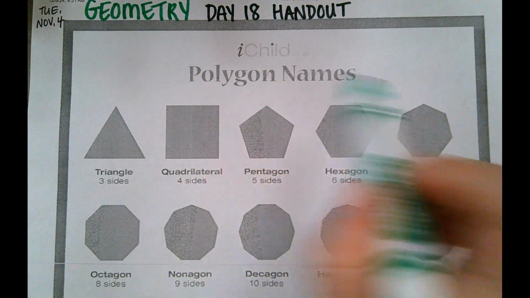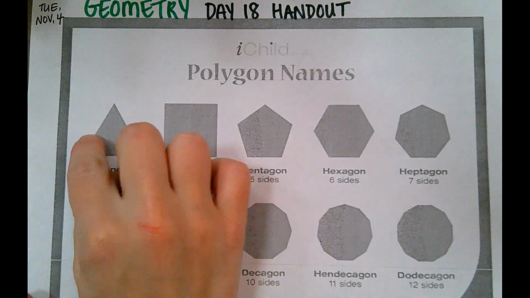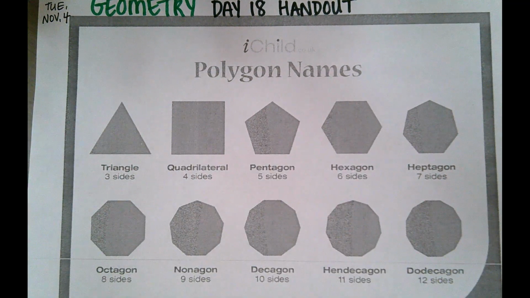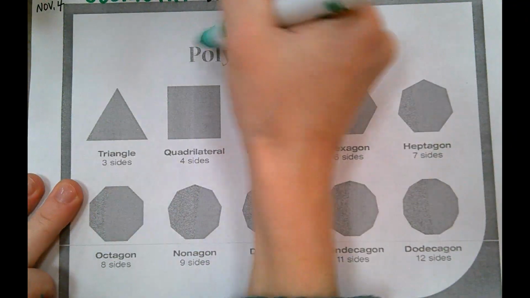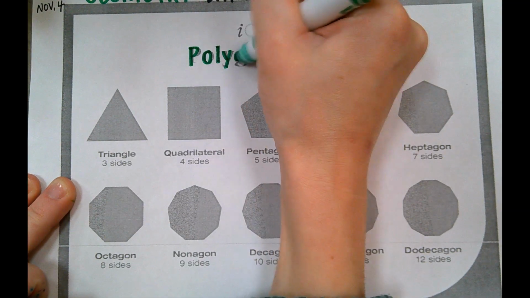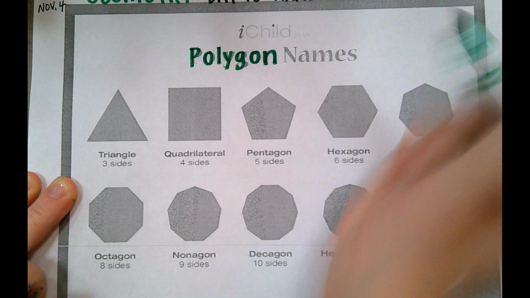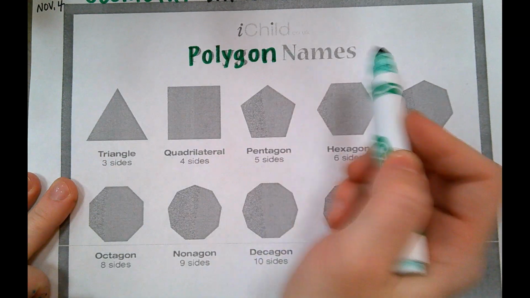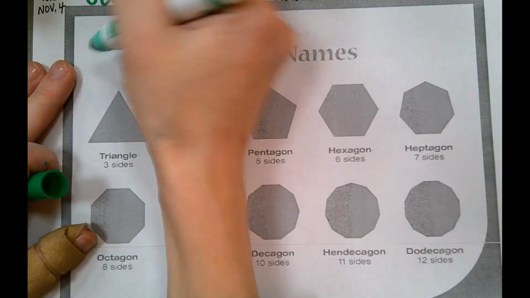What's special about these polygons is that all of the sides are the same length, and all of the angles are the same amount of degrees. So we give these a special name. Instead of just polygons, we call these regular polygons.